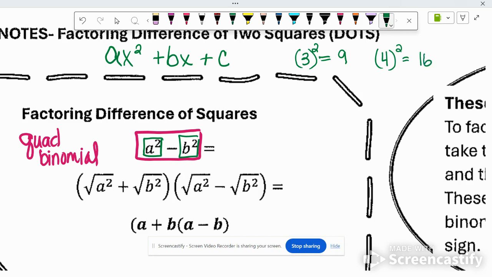What do we know about the number 9 and the number 16 and 25 and 36 and 49 and 64? Yeah, they're all multiplied by the same number. What are those called? Do you guys remember? They're called perfect squares. Perfect squares.